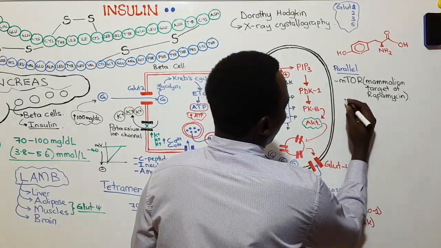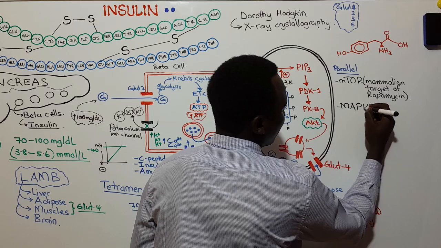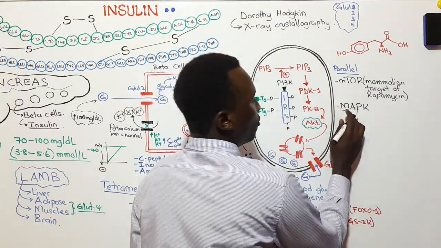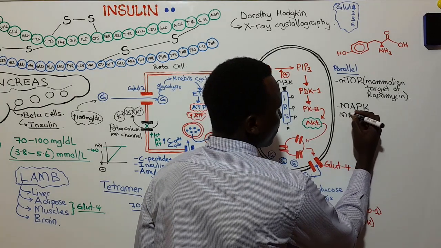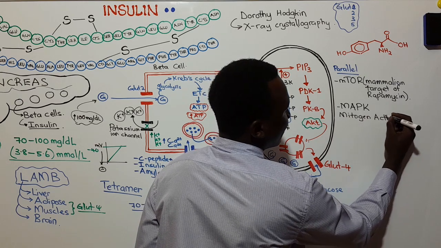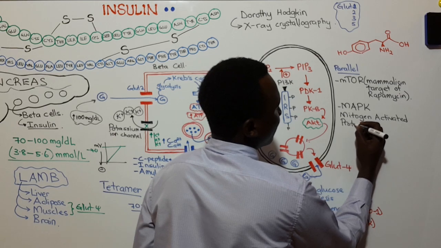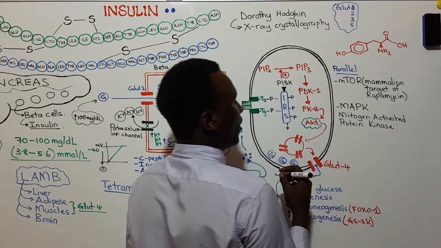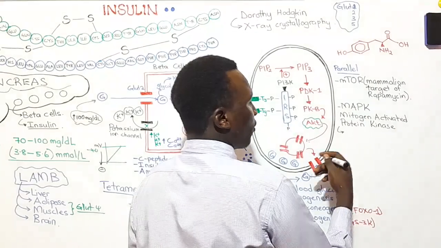Then the last one is what they like abbreviating as the MAPK pathway, okay? MAPK stands for mitogen-activated protein kinase, okay? With this one, it will result into cell division, cell growth, and so on.